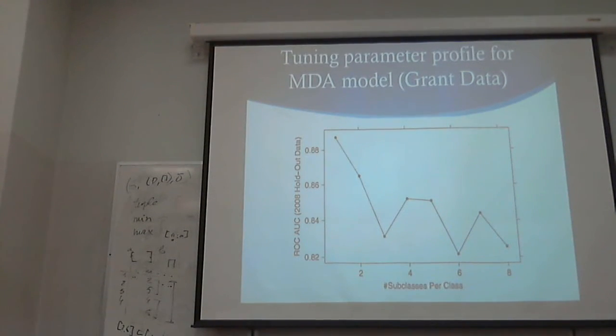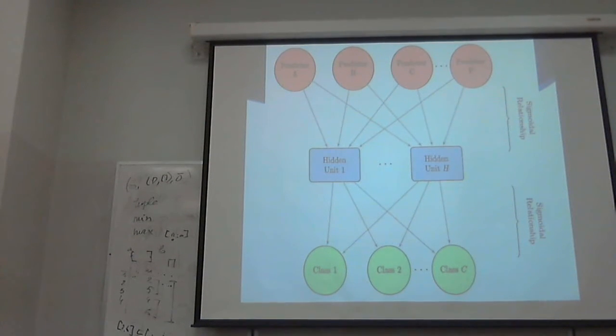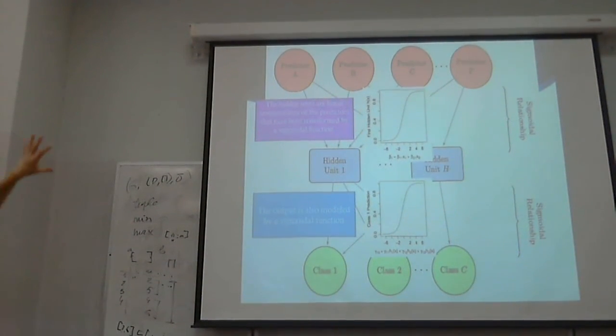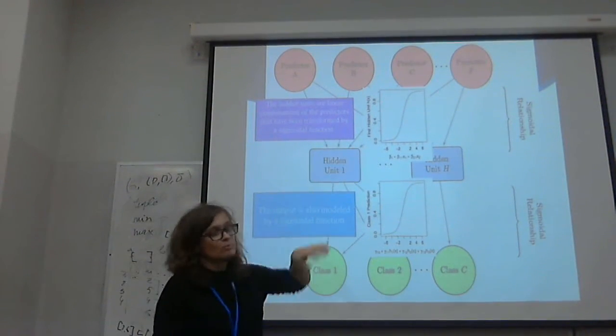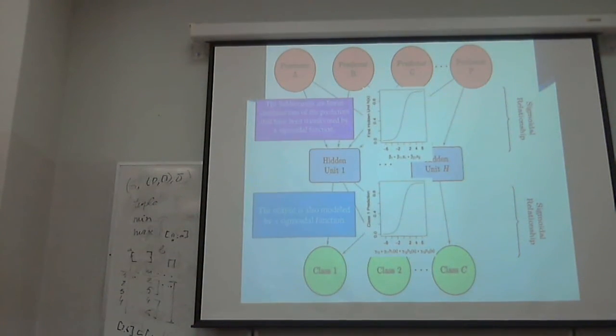So here is MMDA. This is a neural network. Just to remind you, what is the neural network? It is a nonlinear relationship, and here it's actually a classification task. In a regression task, we model the relation between predictors and hidden neurons by sigmoid, as a linear combination of the predictors.